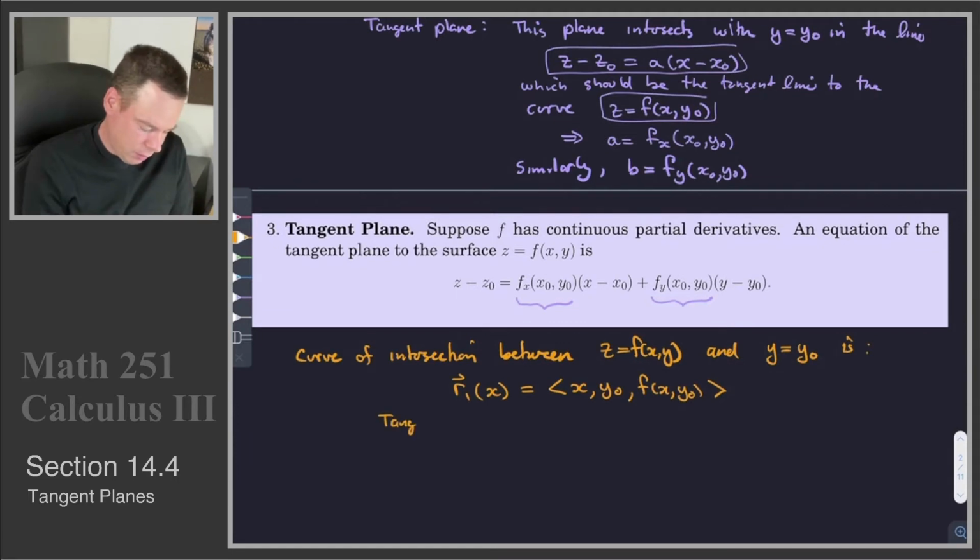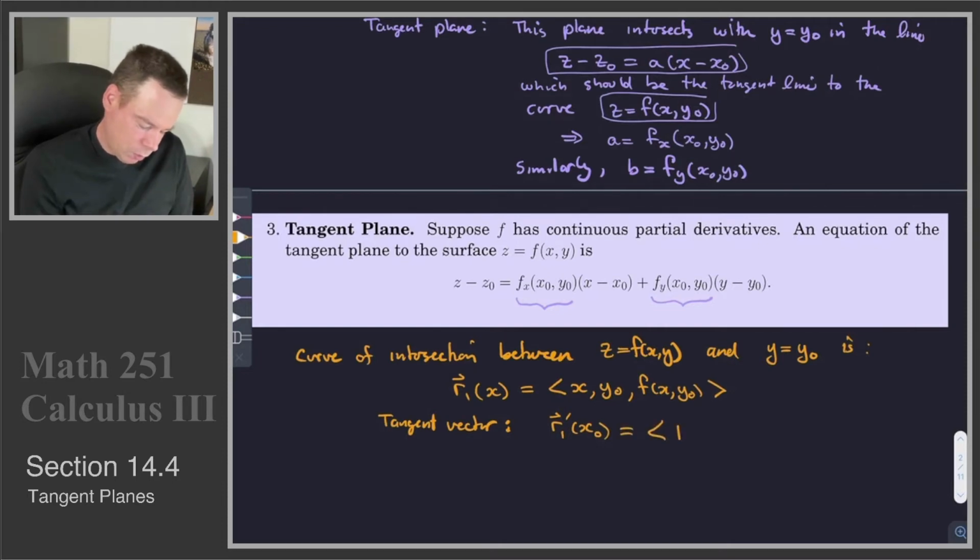Then I can go ahead and look at what is the tangent vector at that particular point in question. This is the point we're trying to construct the tangent plane at. So what is one tangent vector to the surface at that point? Well, that would be the derivative of this, r1 prime of x, and we'll do it right at the point x naught. What's our derivative?